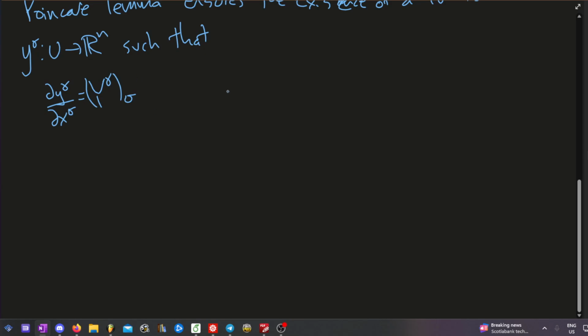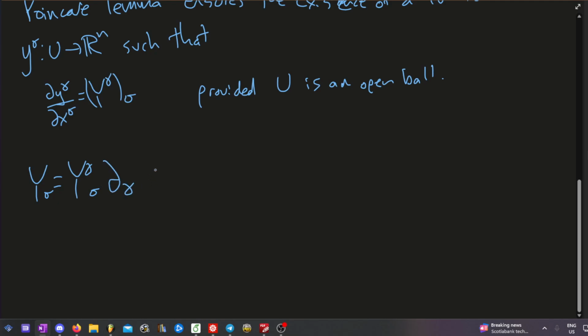So we can make this assumption provided that U is an open ball. So we're going to make that assumption. We've already said it's a subset of R^n. Okay, and then we also know from previous problems that in general Y gamma is just going to be Y gamma sigma del gamma.